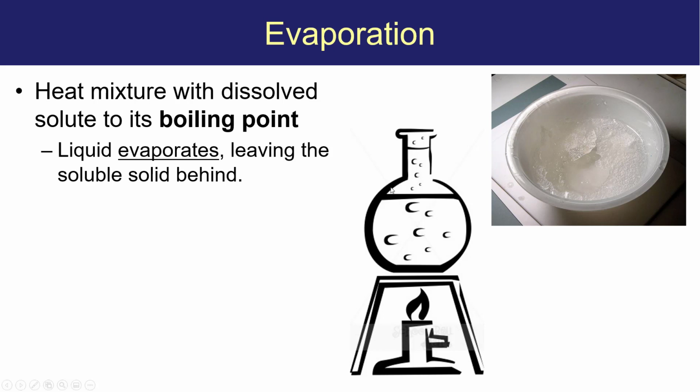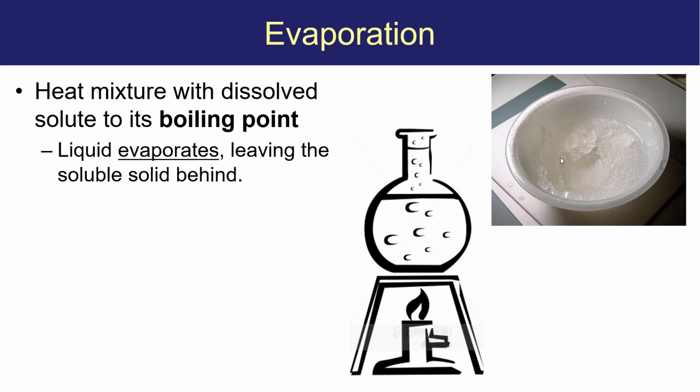So in this case, if we are trying to isolate a salt from an aqueous solution, we will heat the water, which will boil at 100 degrees Celsius, 373 Kelvin. The water will evaporate, and that will leave the soluble solid behind. Now, this usually happens in a flask, in a beaker, or the item that is made for evaporation, the evaporating dish.